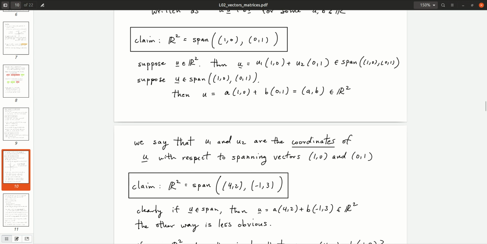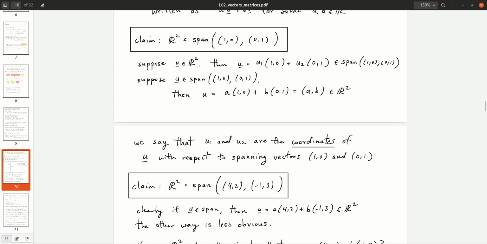So in this example, if we have some vector u, u1 comma u2, we say that these elements u1, u2 are the coordinates of the point u with respect to the vectors 1, 0, 0, 1 that span this vector space.